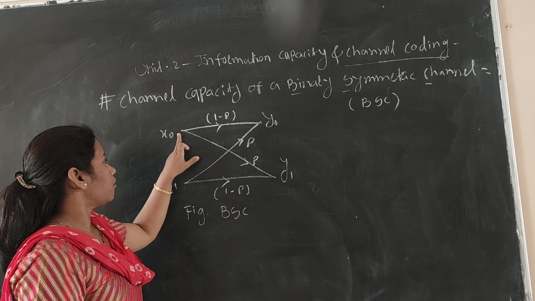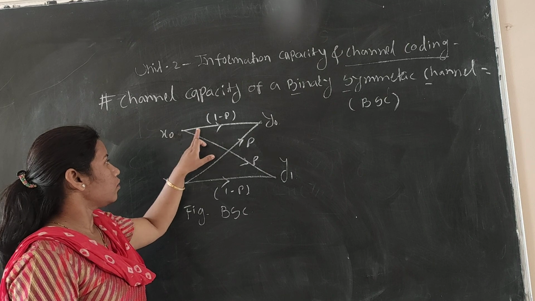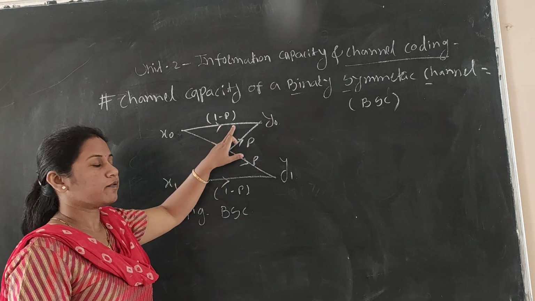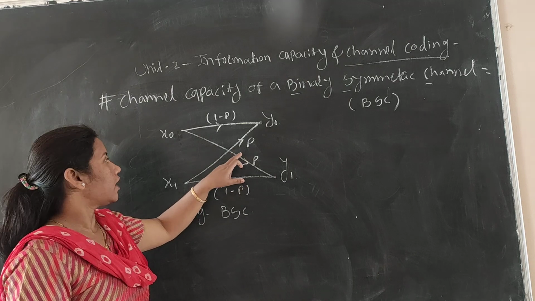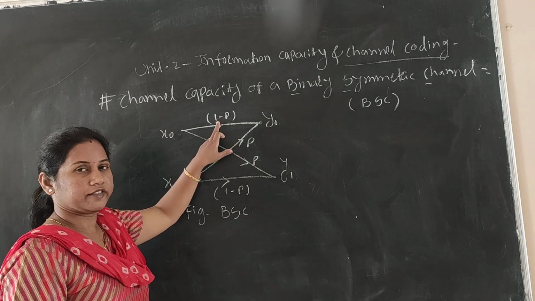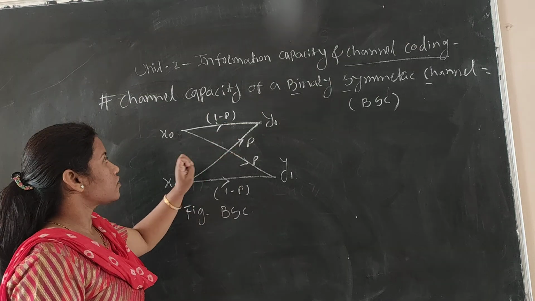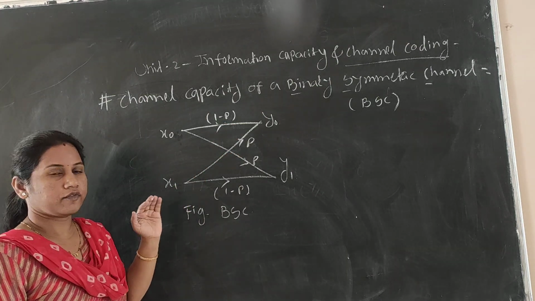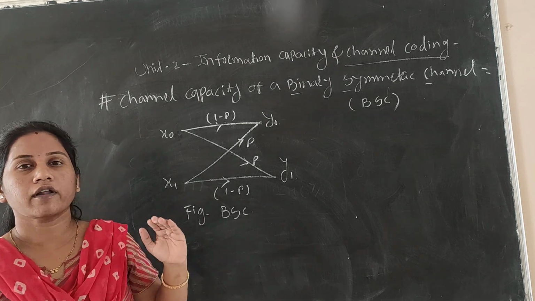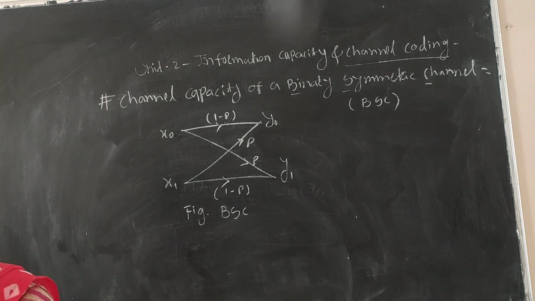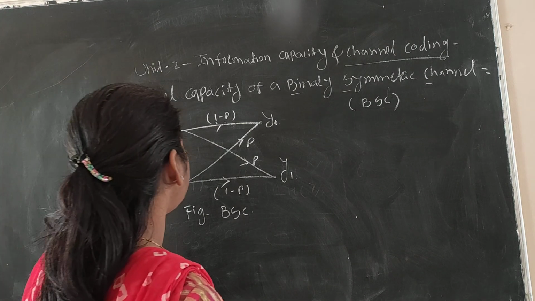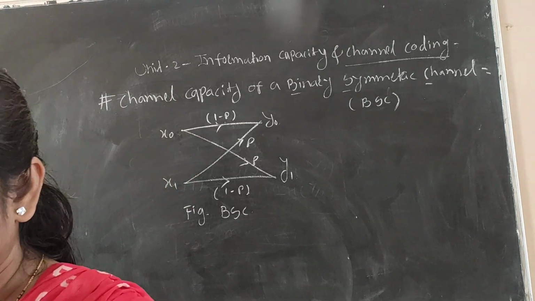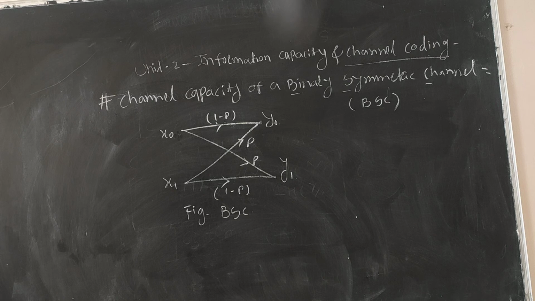And the probability from the source x0 to y0 is 1 minus p, since the total probability must add up. That's why in the symmetric channel the probability of information transfer is 1 by 2, that is 50-50%. That's why it is called the symmetric channel. Considering the channel inputs 0 and 1, the probability of error is p, hence the probability of correct reception is 1 minus p.